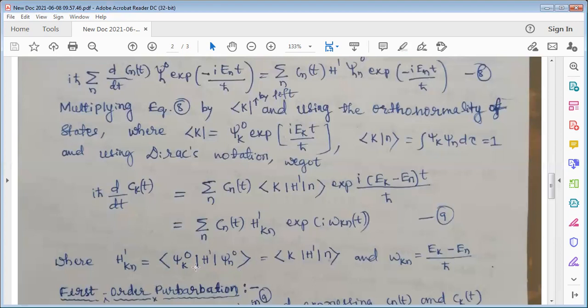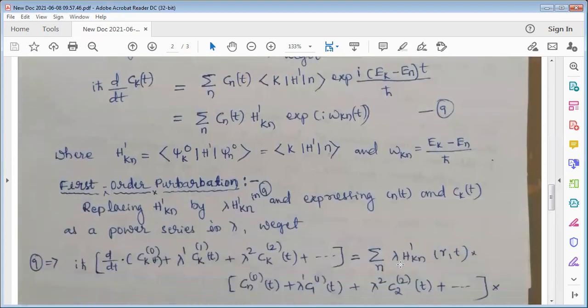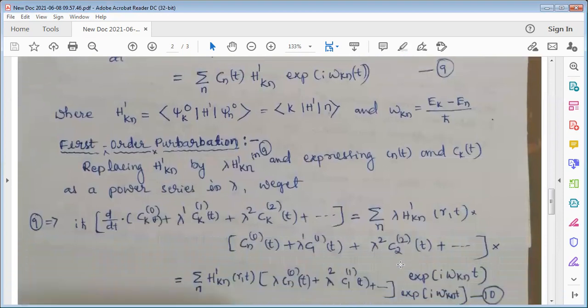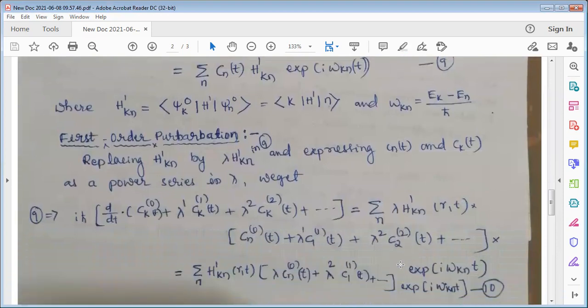Where this h dash kn is this matrix element, equal to <k|h dash|n>, and this omega kn is (E k minus E n) upon h cross. Because actually this represents the angular frequency of the radiation emitted when there is a transition from state n to state k.